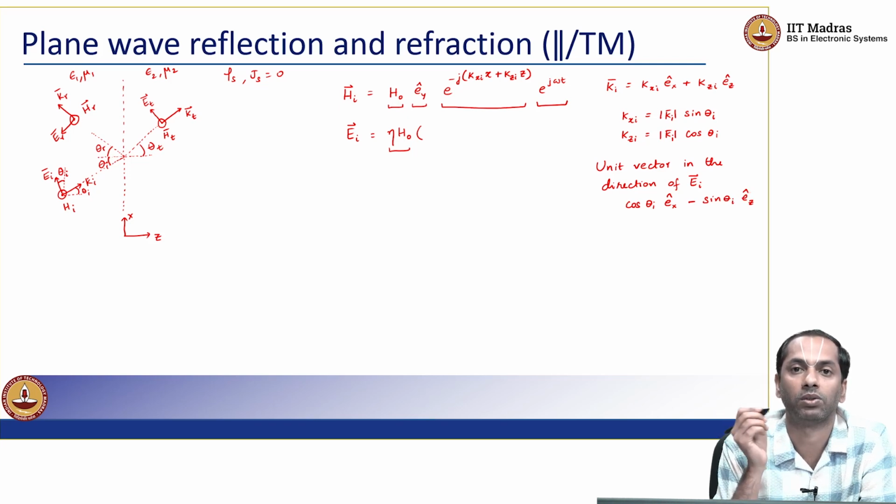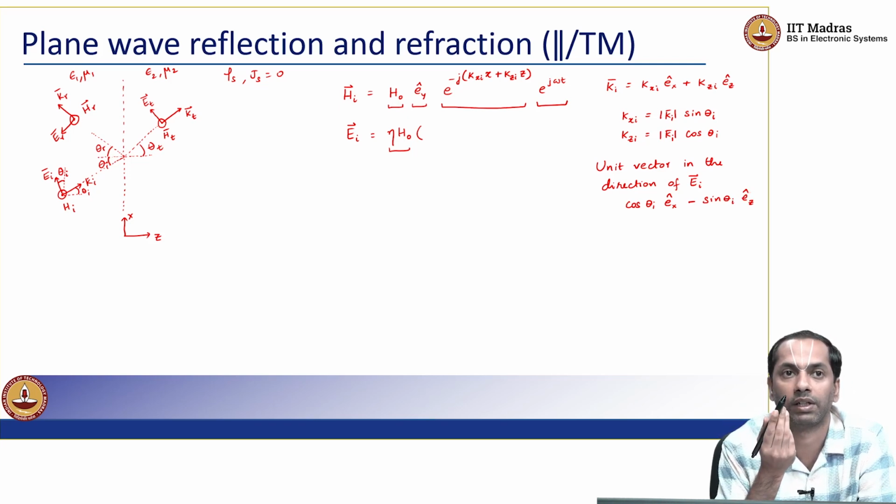So, you can just take the electric field vector E_I, right, and look at its horizontal and vertical components. The vertical component is given by cos theta I and the horizontal component is sin theta I, but it is looking in the minus z direction, right.